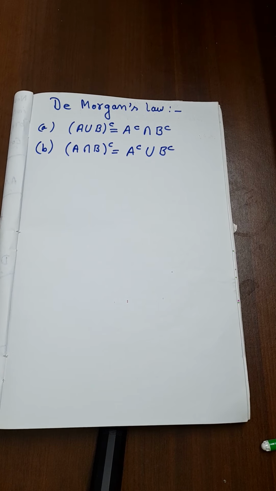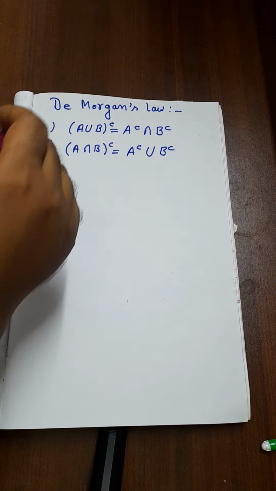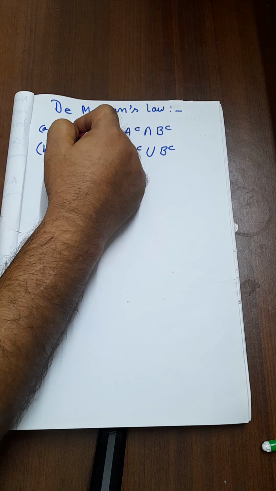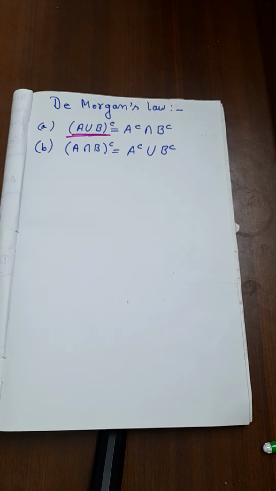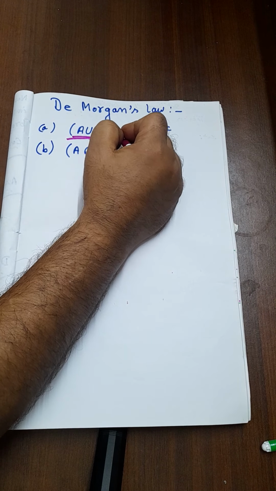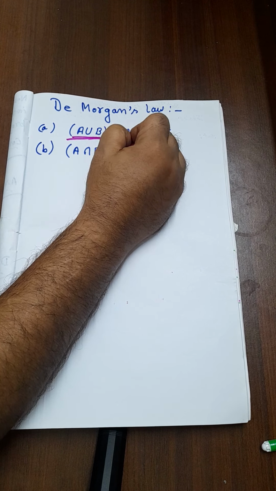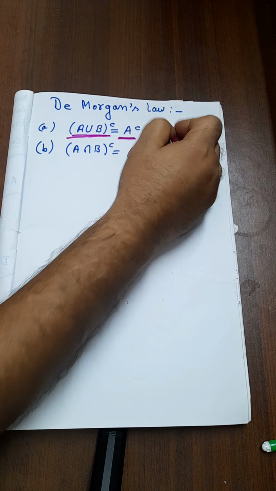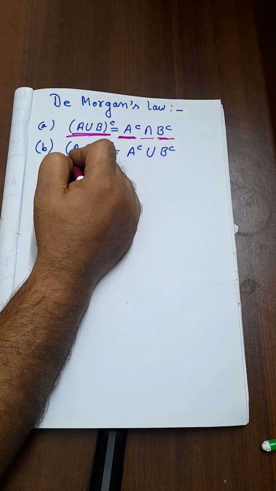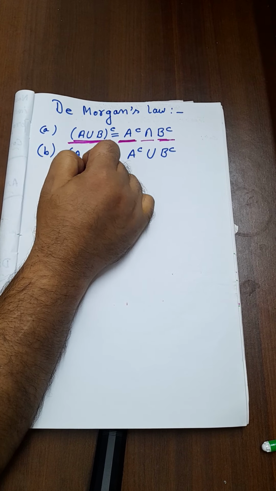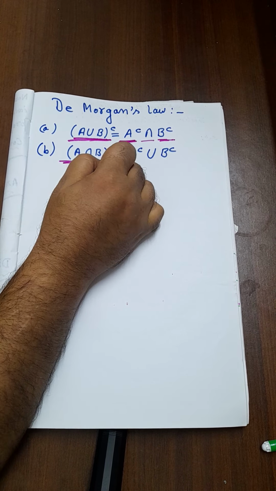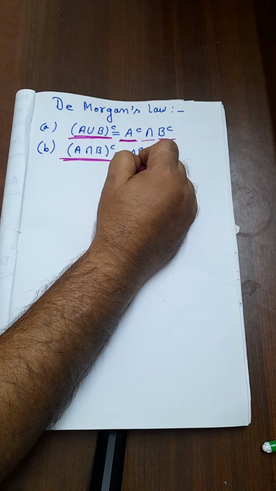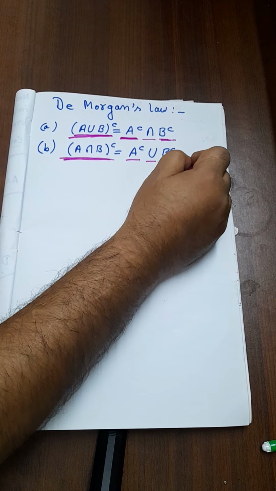What does De Morgan's law say? It says that the complement of A union B is equal to the complement of A intersection the complement of B. And the second law, if we do A intersection B and take its complement, then we will get the complement of A union the complement of B.